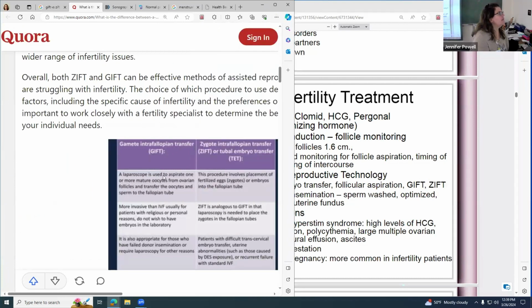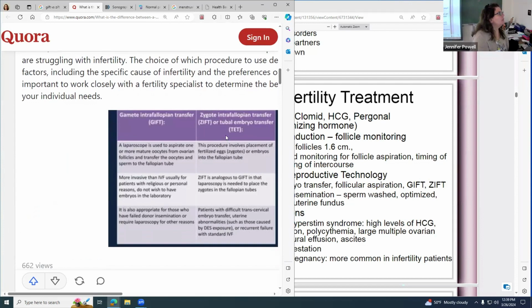GIFT stands for gamete intrafallopian transfer. A laparoscope is used to aspirate one or more mature oocytes from ovarian follicles and transfer the oocytes and sperm to the fallopian tube. It is more invasive than IVF, usually for patients with religious or personal reasons who do not wish to have embryos in the laboratory.